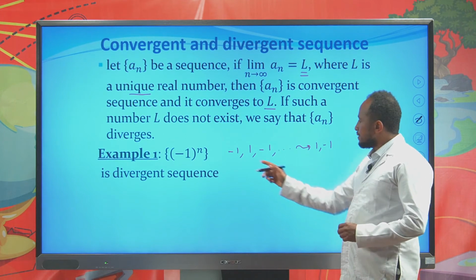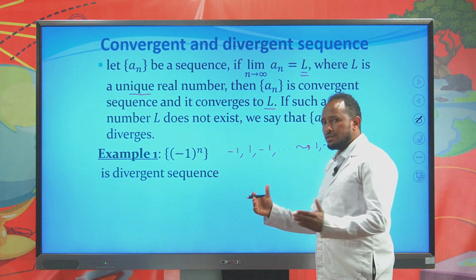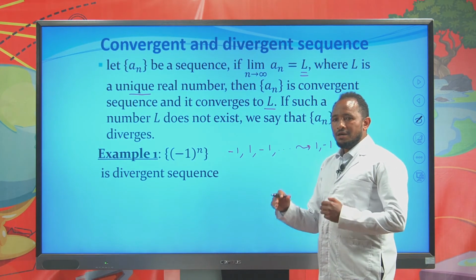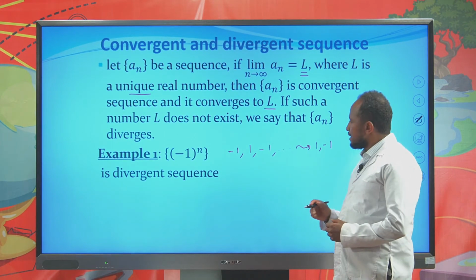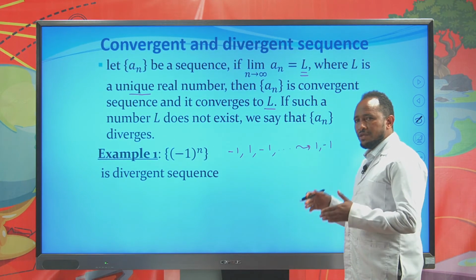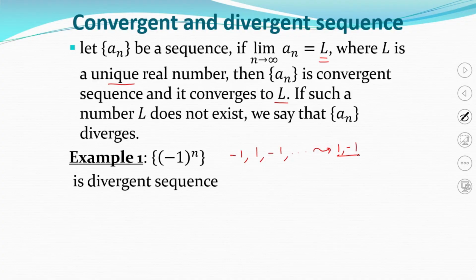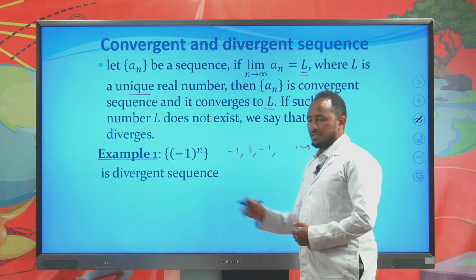When n is a big even number, the sequence goes to 1. When n is a big odd number, the sequence goes to -1. Since at infinity this sequence does not go to a unique number, it's not unique. It goes to 1 or -1. Because of this, the limit of this sequence does not exist. So it is a divergent sequence.